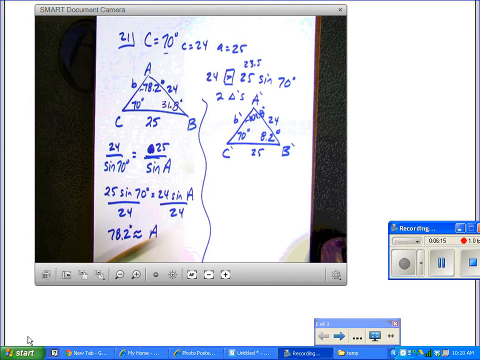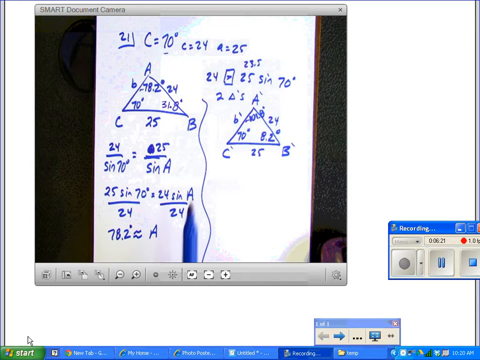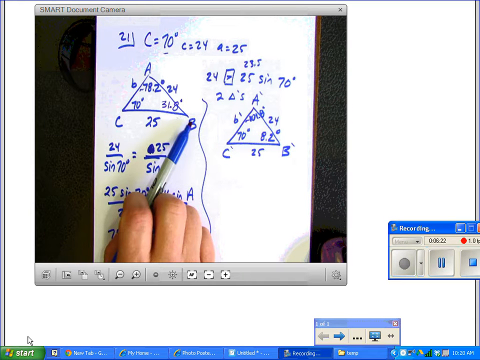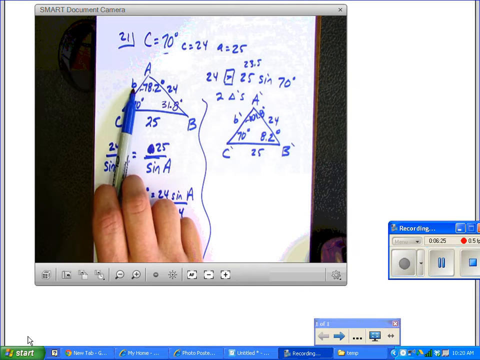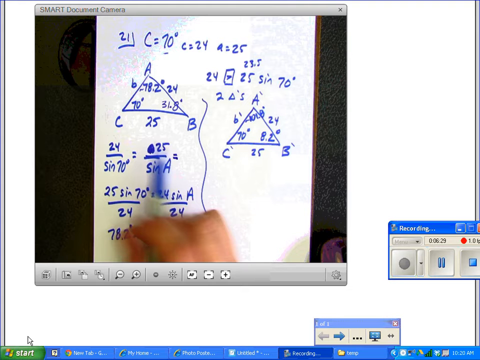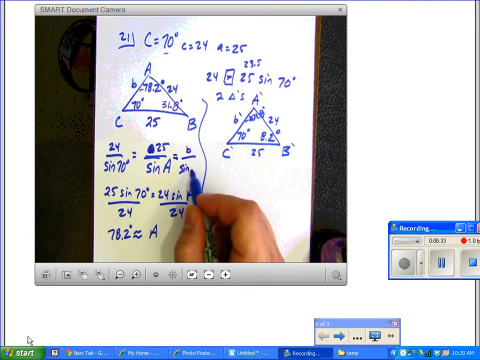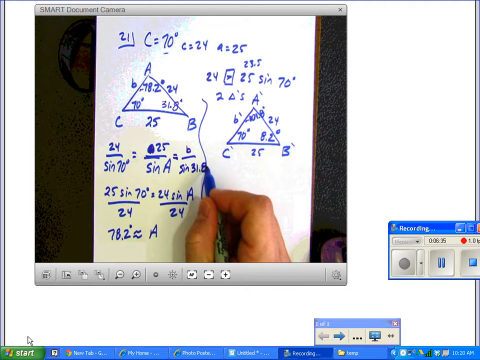Now let's see what's still missing. Little b and little b prime. Now that I've got angle B, I can find that one. I'm going to write in the third ratio right here for the B one. So we can write b over sine of 31.8 degrees.